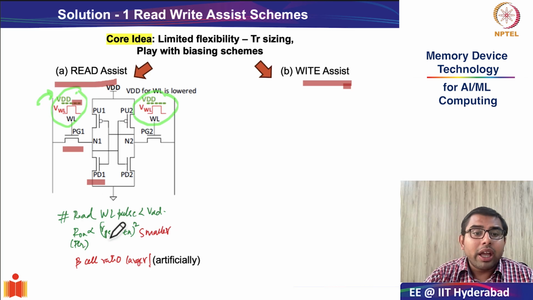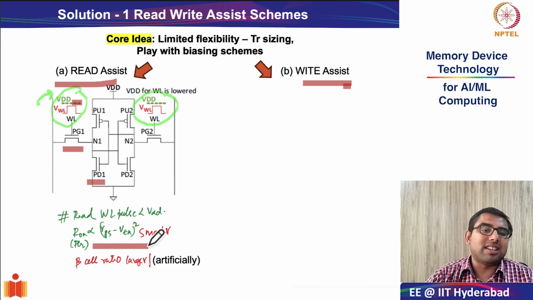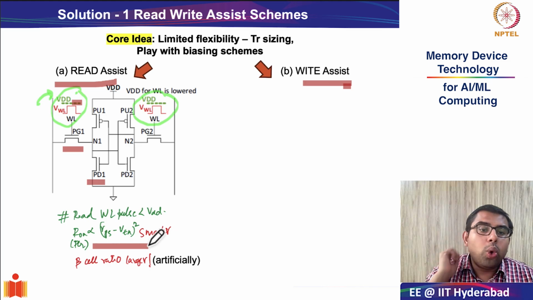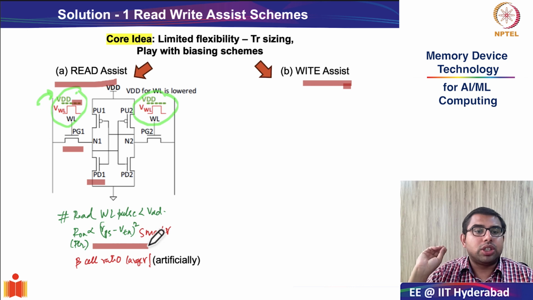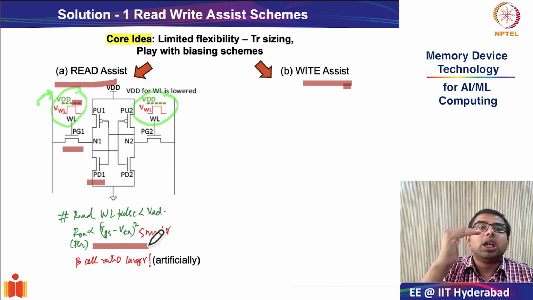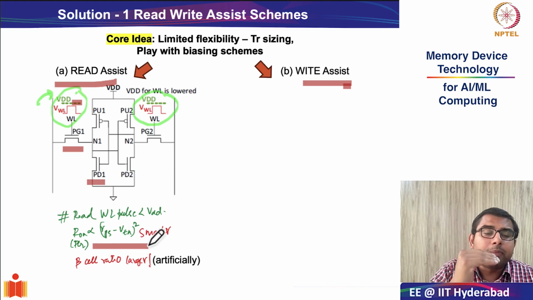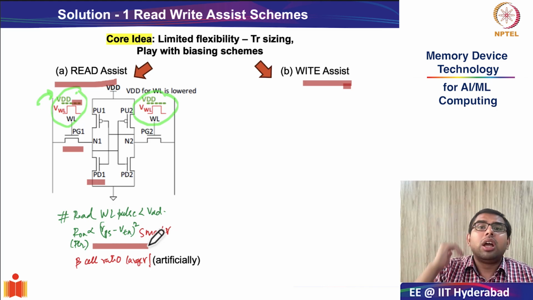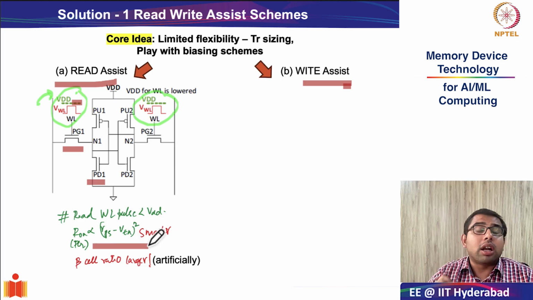How does that help? It helps because remember the on state resistance or the current during on state is proportional to VGS minus VTH. So if you reduce VGS minus VTH by reducing VGS, you will be able to reduce the drive current.